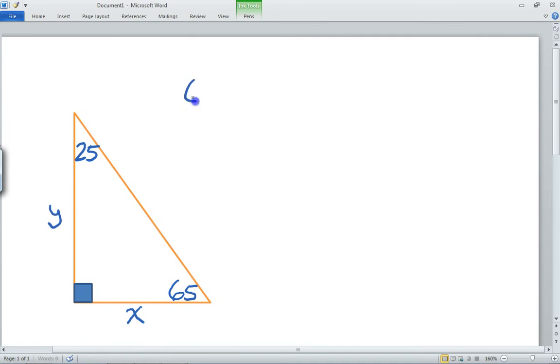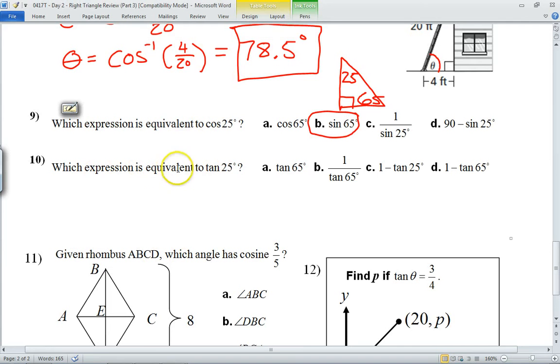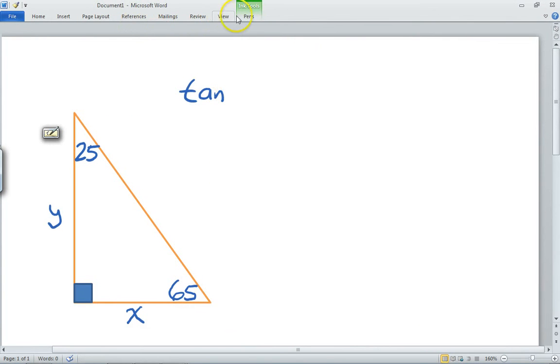Now, we're supposed to find the expression that's equal to the tangent of 25. Am I right? Which expression is equivalent to tangent of 25 degrees? In terms of our X and Y, tangent of 25 is opposite over adjacent, so that would equal X over Y. Now, what about tangent of 65?